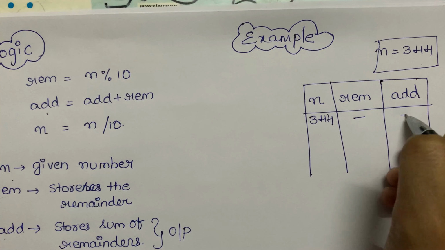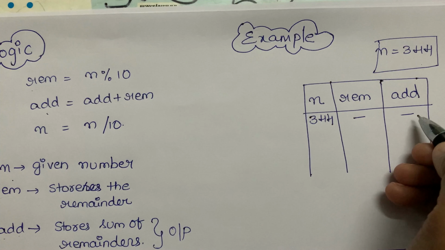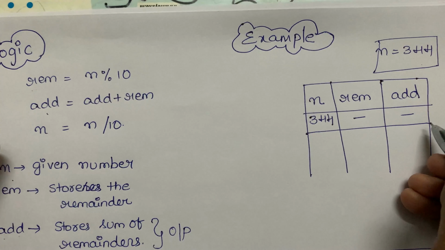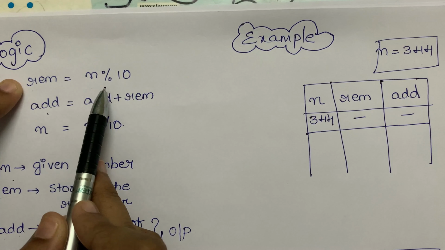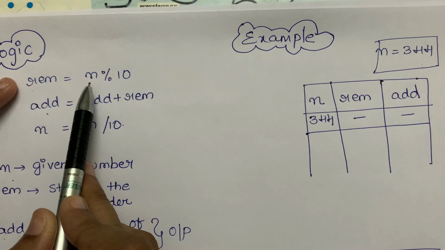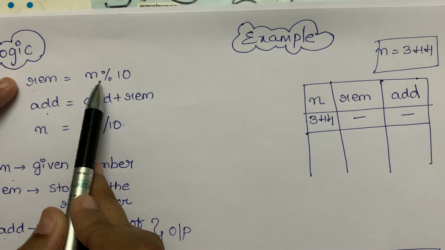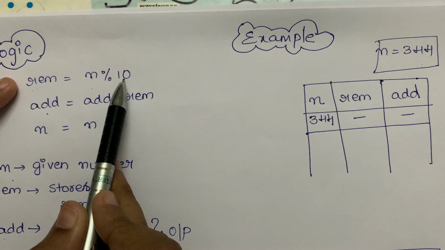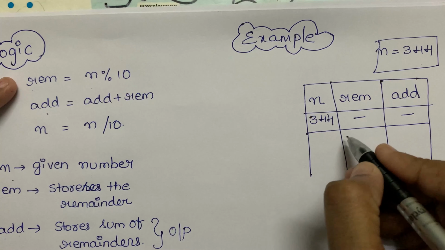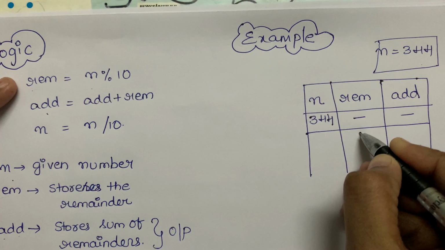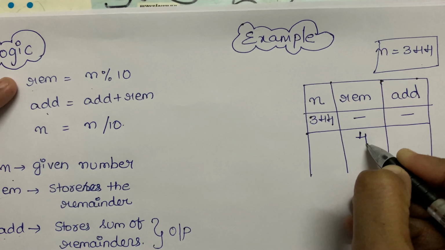Initially I am not finding the remainder as well as the add value. Now the first statement is REM is equal to N modulus 10. What is the N value here? It is 344. 344 modulus 10 will be the remainder of the given number. The remainder will be 4.